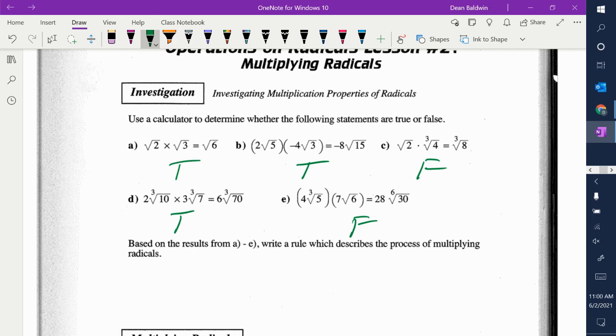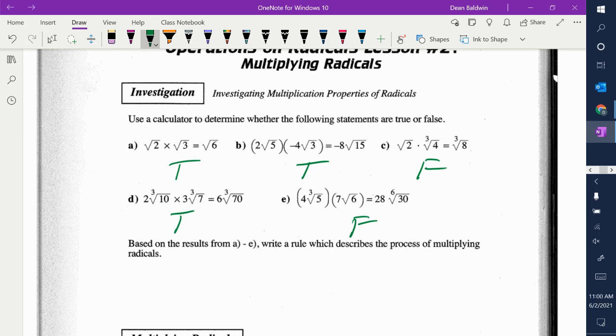What is the rule for multiplying radicals? Index number has to be the same. Does anything else have to be the same? Radicand? Well, I multiplied root 2 and root 3 and got this. So those are different radicands.